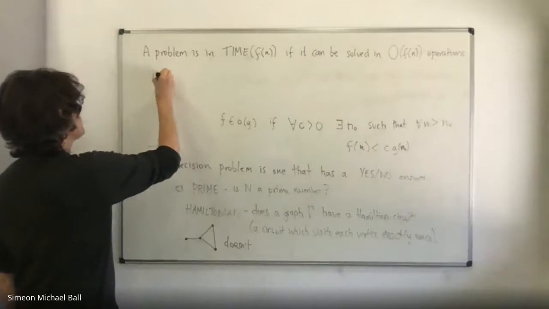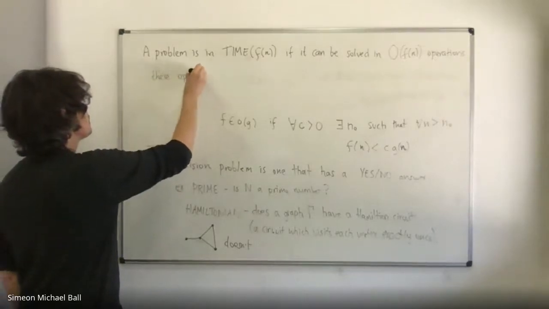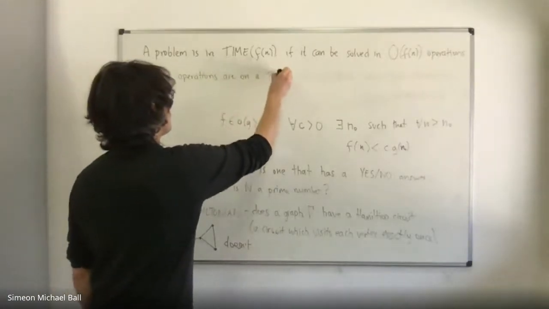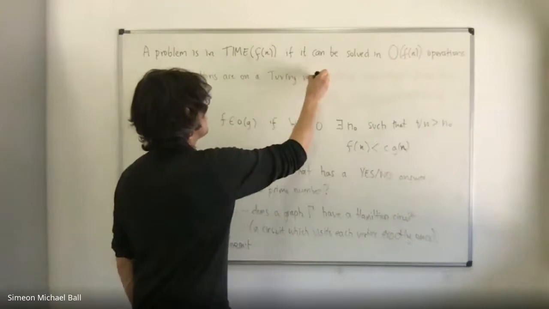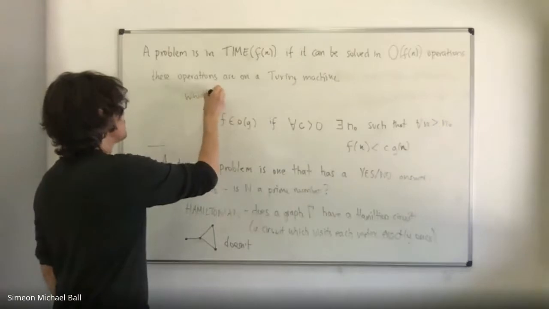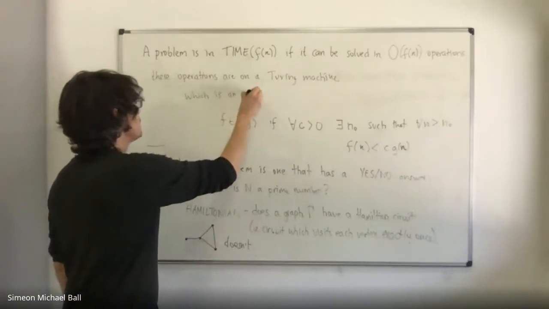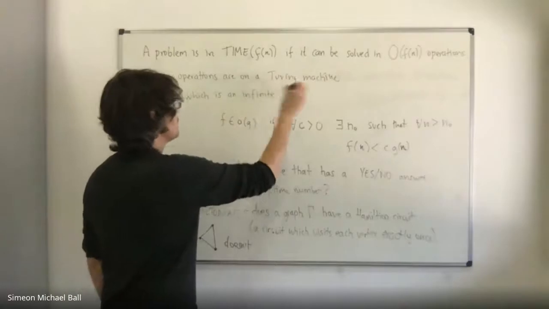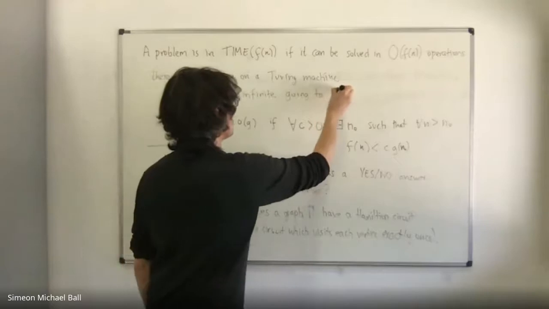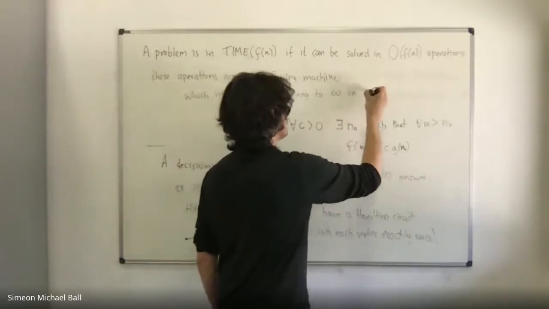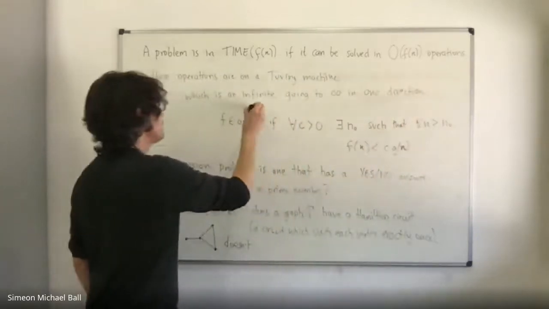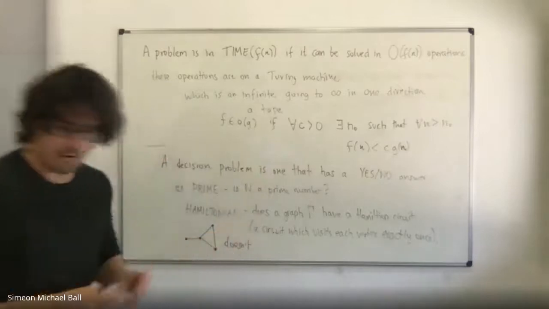These operations are on a Turing machine, which is an infinite tape going in one direction, with a program.